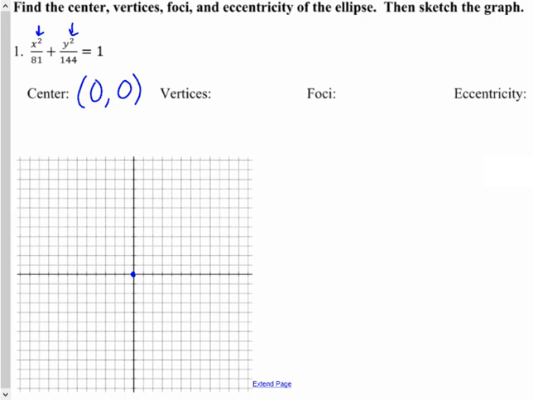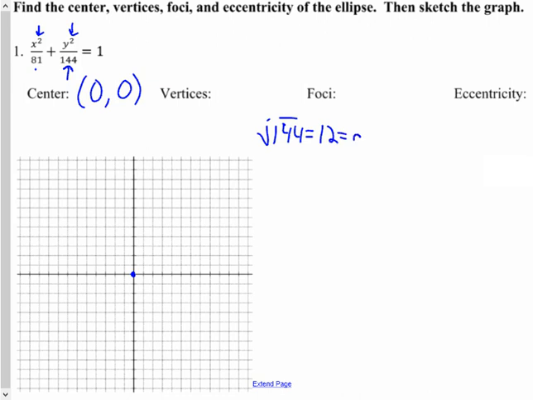Next up, differently from yesterday's lesson where we had the parabola and the leading term tells us what's going on, we've got x squared, y squared. Whichever has the largest number underneath is going to be the major, right? So in this case, y is the major axis, and the square root of 144 is 12.